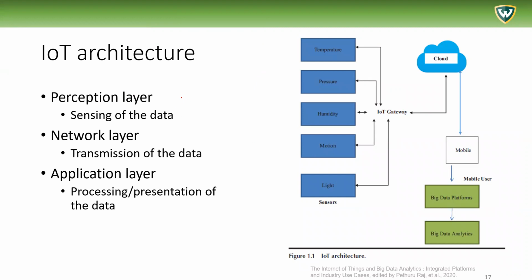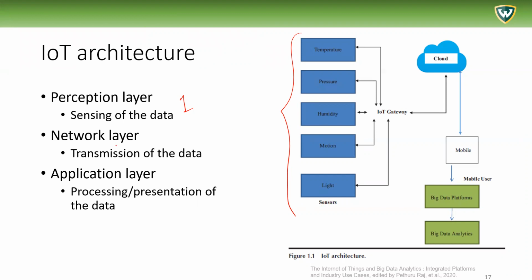There's the perception layer, which is these actual physical objects that perceive or sense the data. This can be temperature, pressure, humidity, motion, light, or other types of sensing devices. Wearable devices, sometimes even phones or other items people wear, are this perception layer.